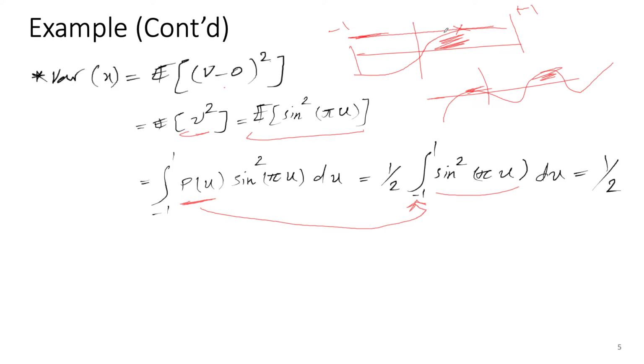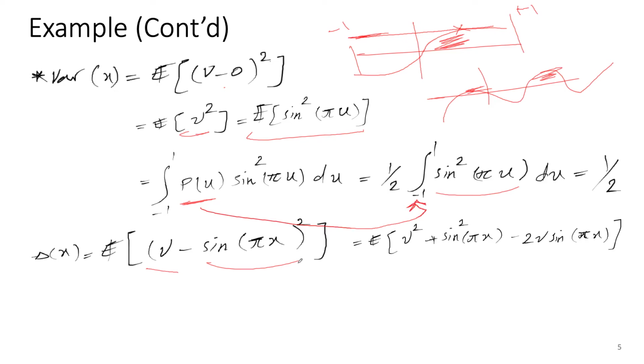Now that we computed the variance and bias, we can go on and compute the delta x, right? The average test error, which was the g minus sine pi x raised to 2. You expand this, the function raised to 2, and also we have the minus here, so it's going to be -2, the first value and the second value, g and sine.